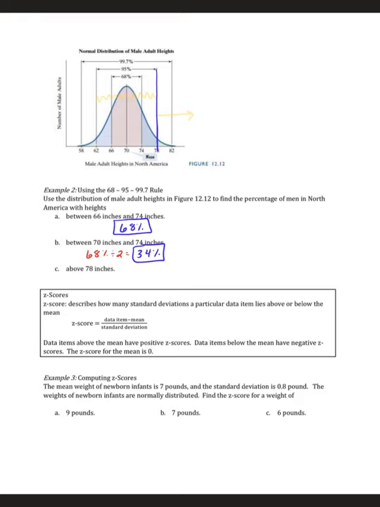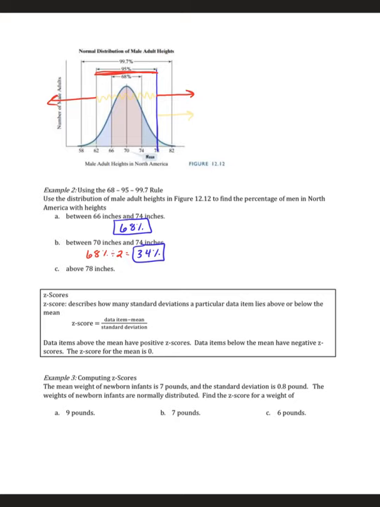That means that 5% makes up this and this. So we're only looking at the ones that are above 78. So that would be half of 5% because we know that 95 is from here to here. That means everything on the outside would be 5%.